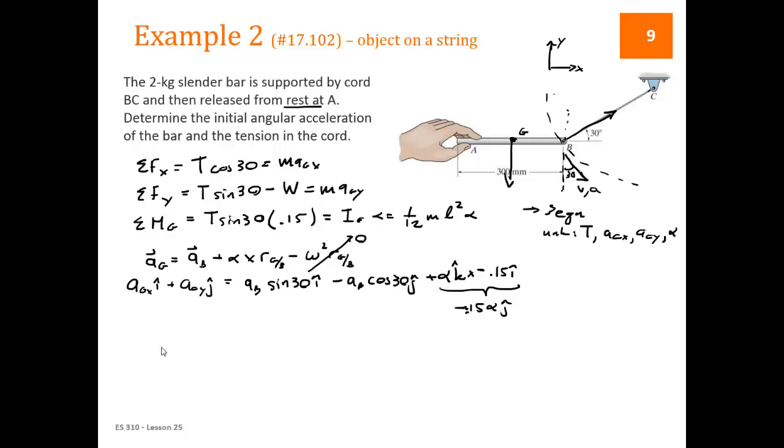Now we can write these as two equations. This is two more equations. We've got the i hat part, AGX equal to AB sine 30. And we have the j hat part, AGY equal to negative AB cosine 30 minus 0.15 alpha.